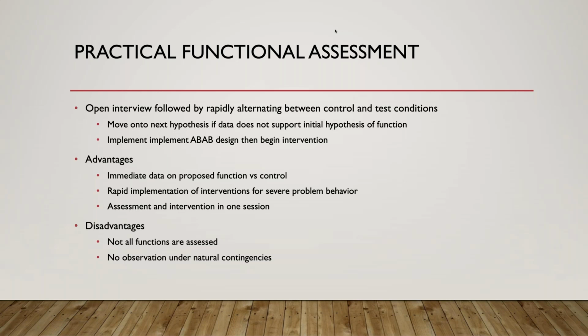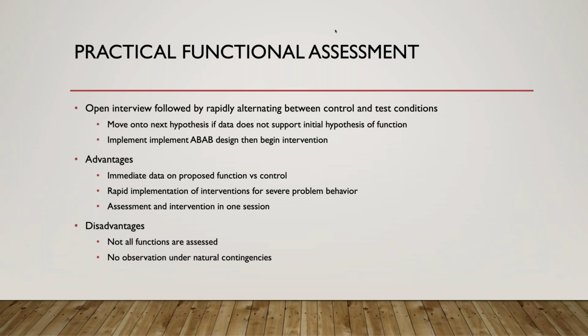The goal of doing this is basically, within an hour, within the first session, you do a structured interview, and that gives you an idea for the function. And then you do an AB design, and then move right into treatment. So within the first hour of meeting the client, you've done a full assessment, and you've actually started implementing interventions.